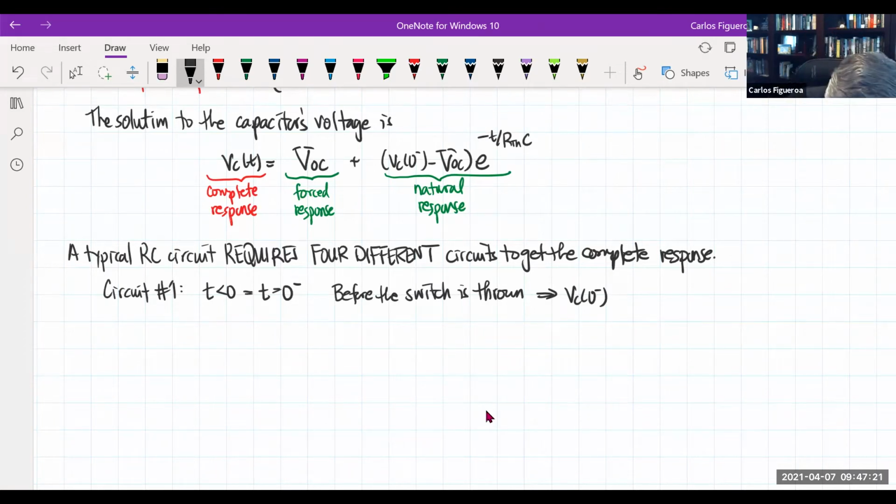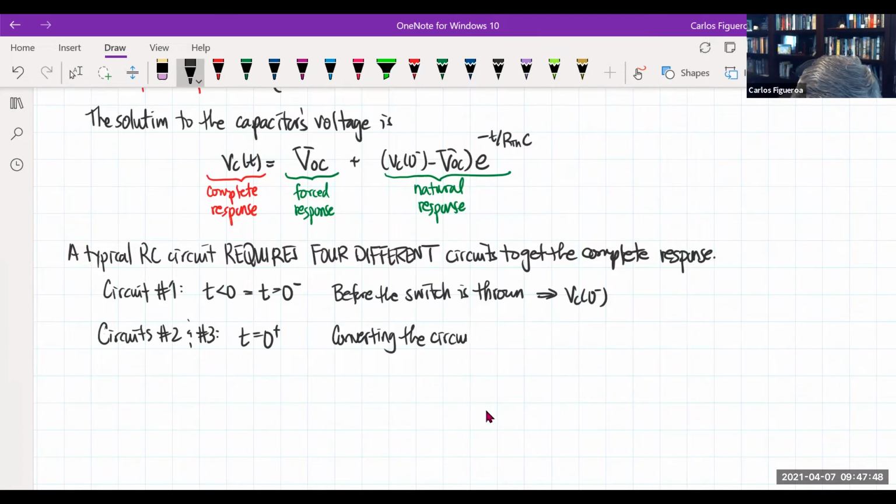So now you've nailed 1 circuit. Now, when I look at this here, you're going to see that you have circuits number 2 and 3. In this circuit, we're talking about t equal to 0 plus, and now you're converting the circuit into a Thevenin equivalent.